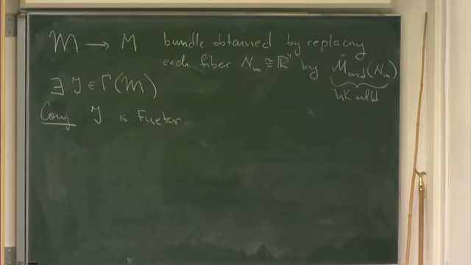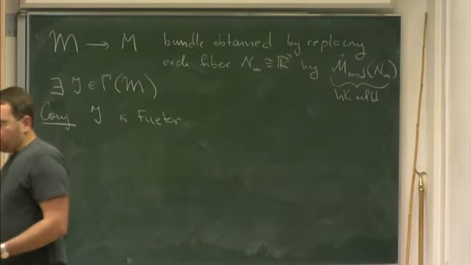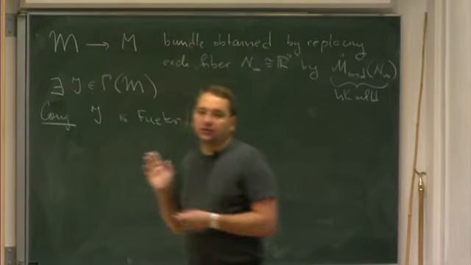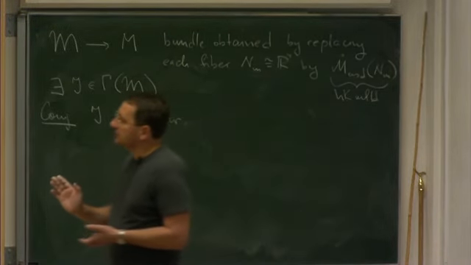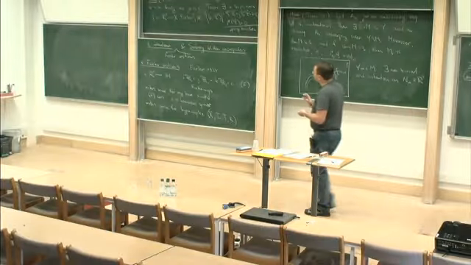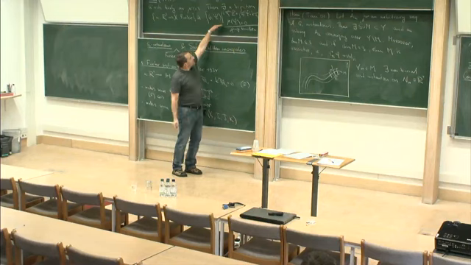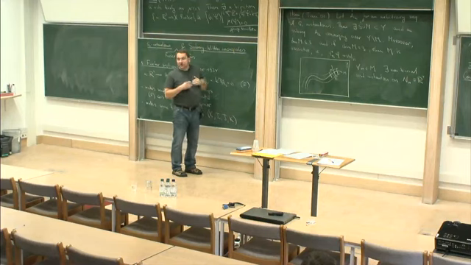So what you do, in a small neighborhood of your associative submanifold, you can think about this subset as the total space of the spinor bundle over M. And on the spinor bundle, you can write your G2-instanton equations as an analog of the Seiberg-Witten equations, with an infinite dimensional target space.